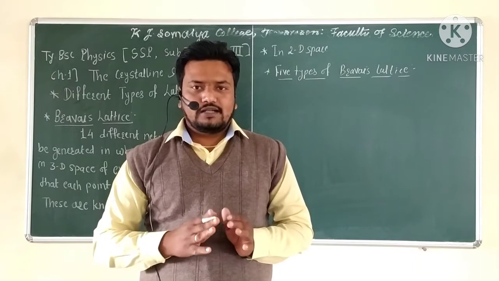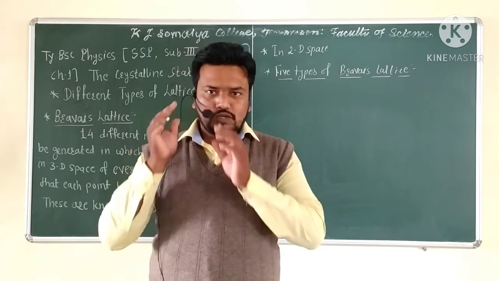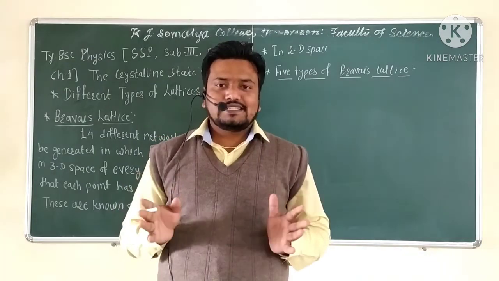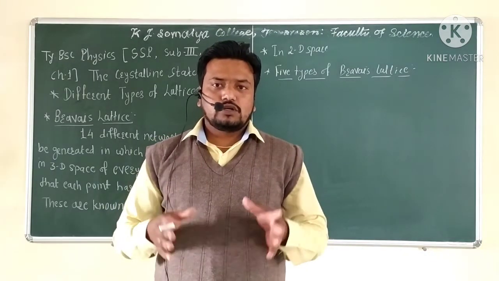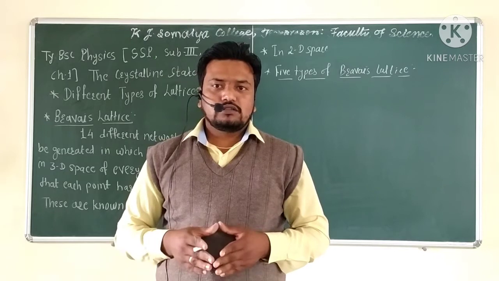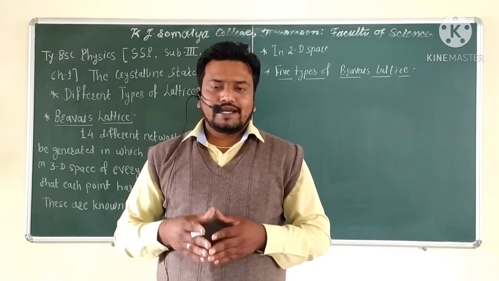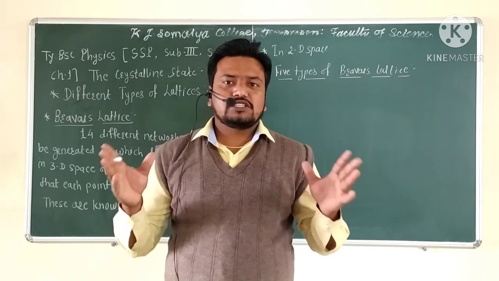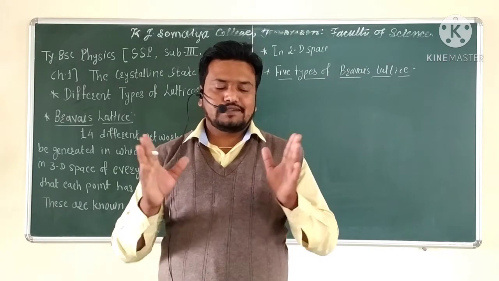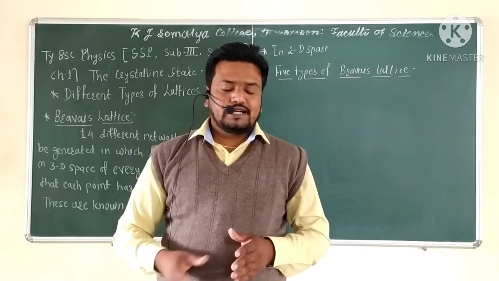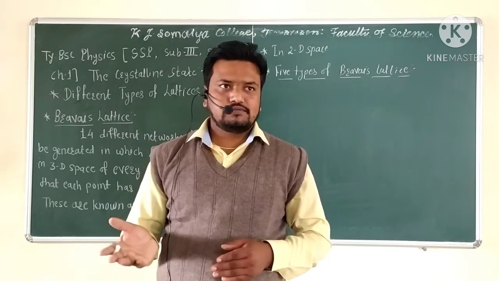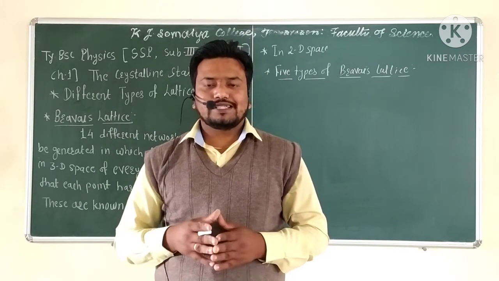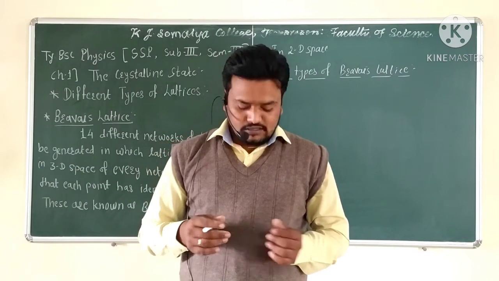You may have no idea what is meant by a lattice. A lattice is considered a regular or periodic arrangement of indefinite constituent particles in imaginary space. That lattice has different types. The first type I have considered here is the Bravais lattice.